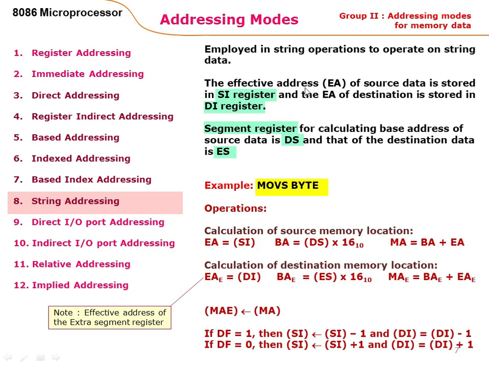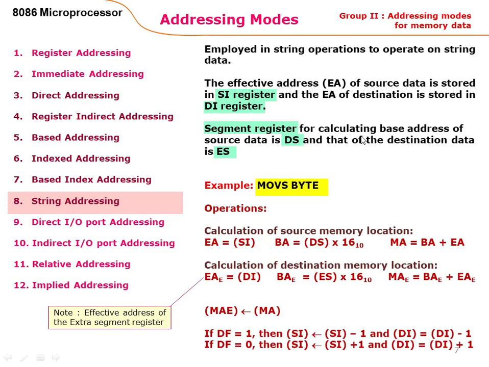Here we require effective address and base address also. The effective address of the source data is stored in the SI register, that is the source index register, and the effective address of the destination is stored in the DI register, that is the destination index register.